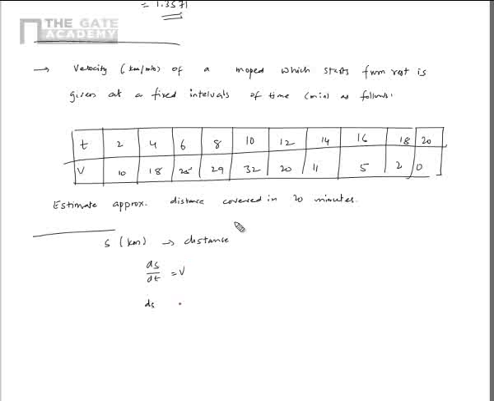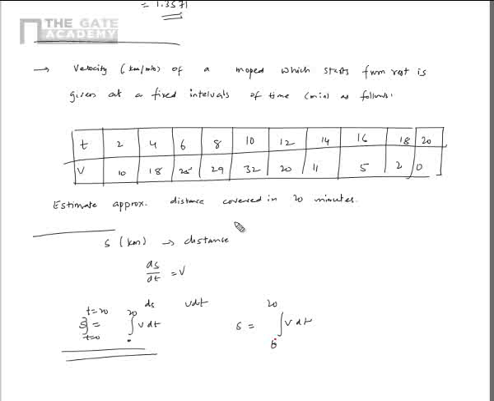So ds is v dt, and S from t equals 0 to 20 is the integral of v dt from 0 to 20. This becomes the evaluation of a definite integral. So S is the integral of v dt from 0 to 20, and we will use Simpson's one-third rule.